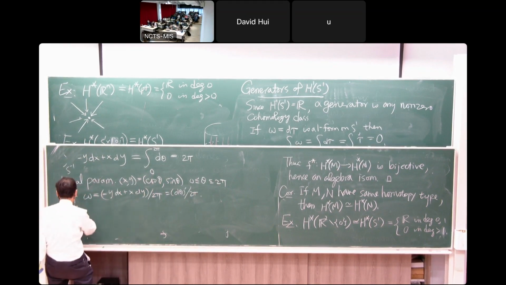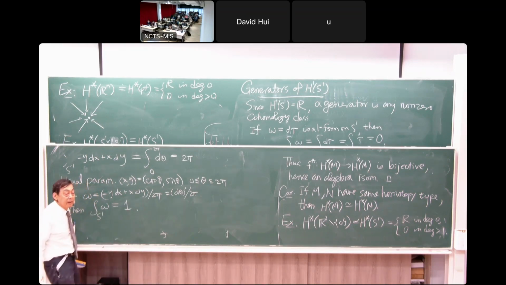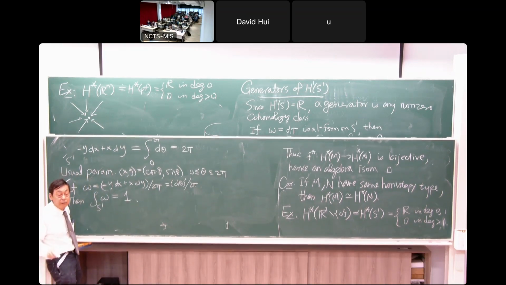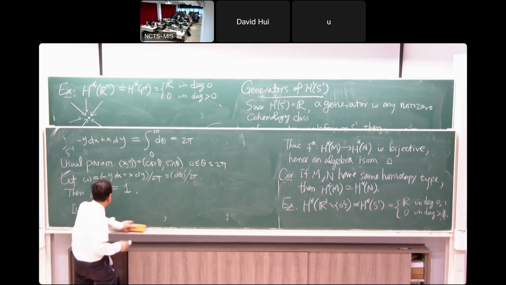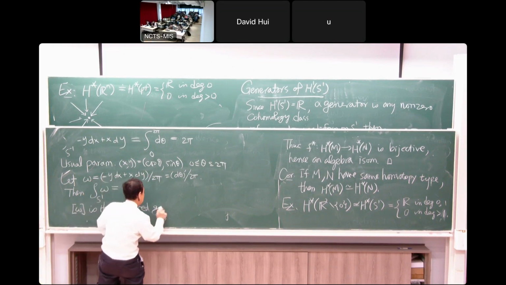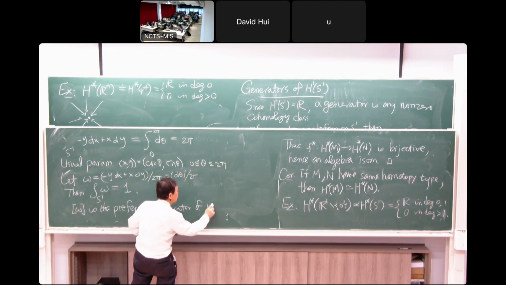Then the integral of omega over S1 will be 1, and this is the form we usually use as a generator, okay? So the class of omega is the preferred generator of H1 of S1.